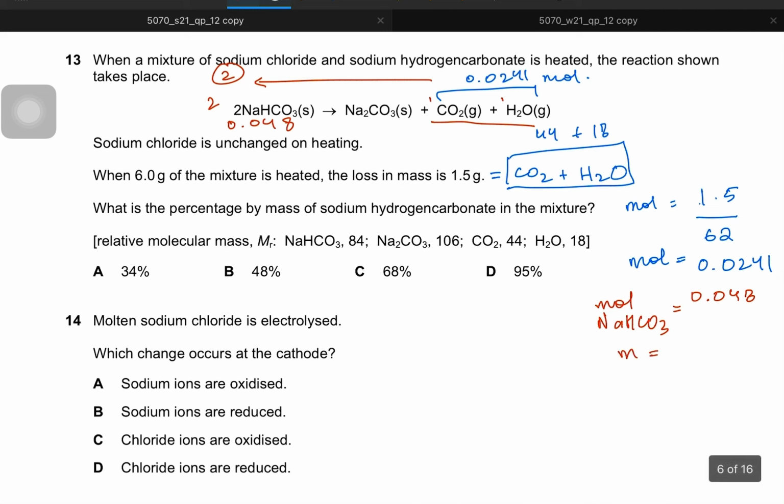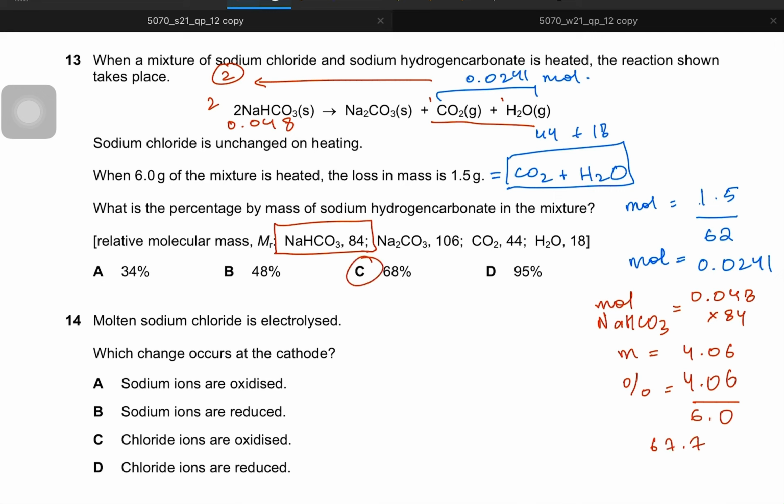The mass of sodium hydrogen carbonate is moles times the Mr. You just multiply the molecular mass by moles and you get the mass. So the Mr is given to be 84. So 84 is multiplied, and you get 4.06 grams. Percentage is 4.06 divided by 6.0, because that was the total mass of the substance. You get 67.7%.